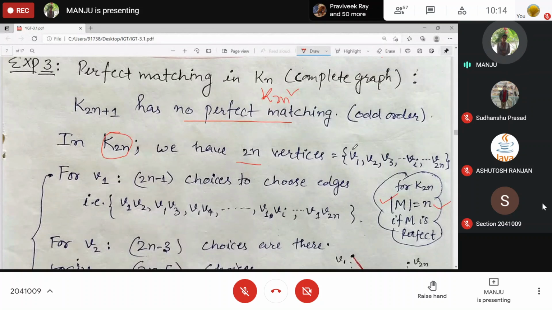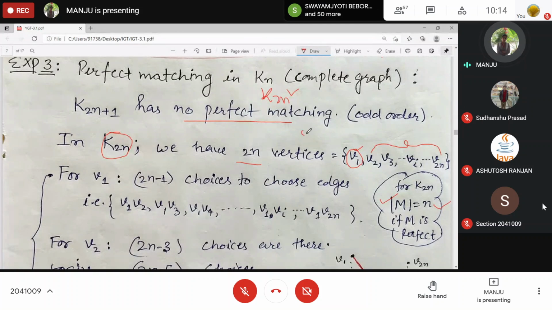So you can choose V1 to V2, V1 to V3, or V1 to V4, or V1 to V2N, like this. So how many choices for V1? 2n minus 1 choices are there for V1.